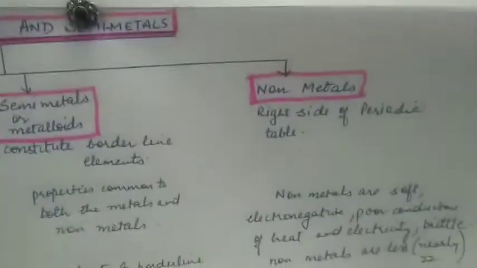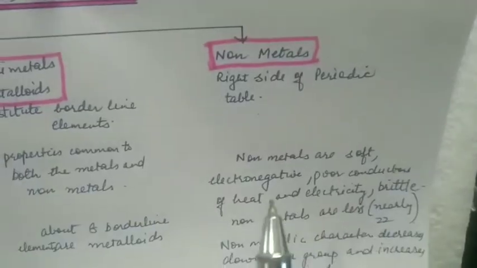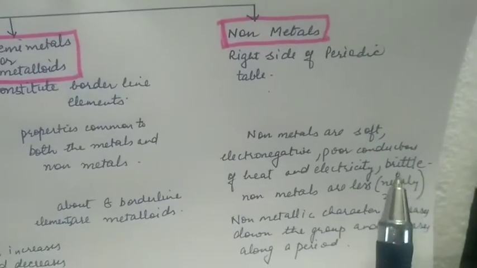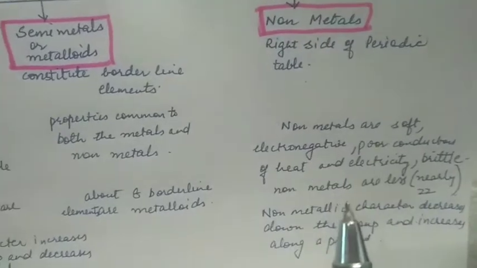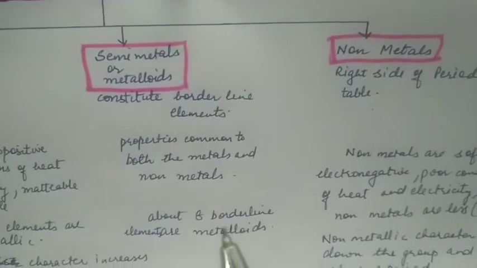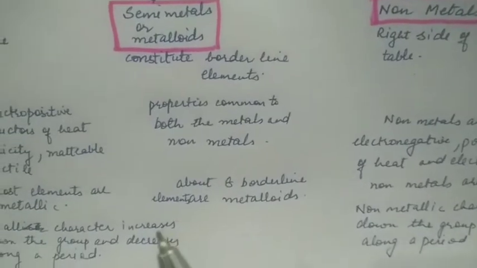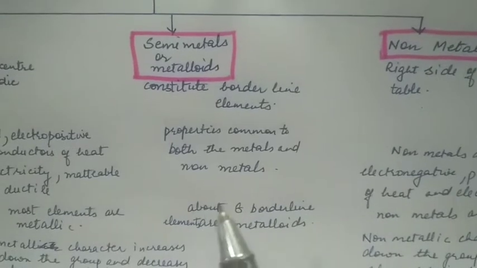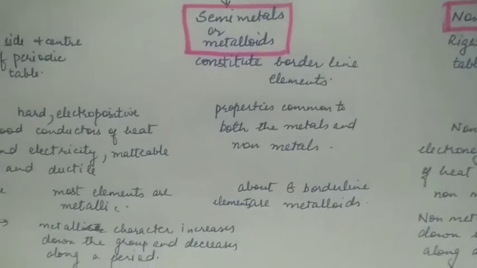On the other hand, the non-metals are soft, electronegative, poor conductors of heat and electricity, and brittle, that is they can be broken easily. Metalloids have properties common to both metals and non-metals.